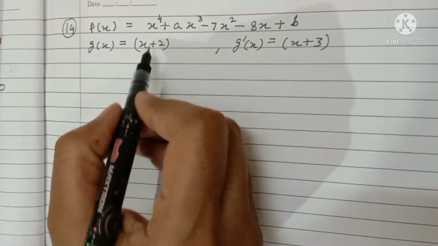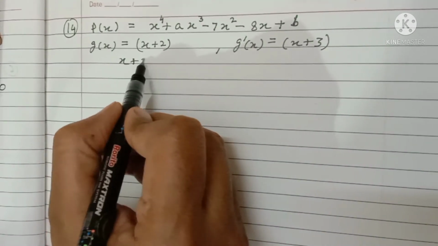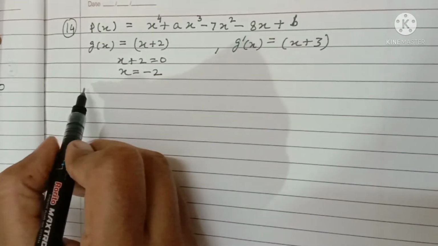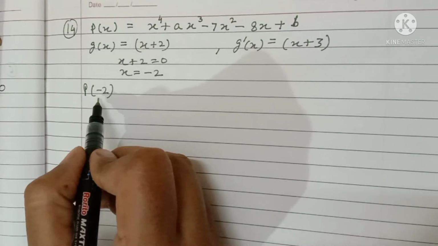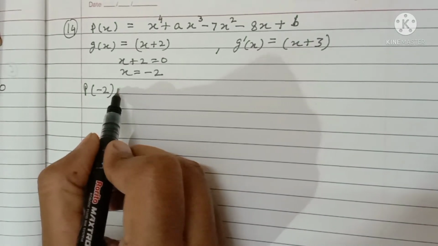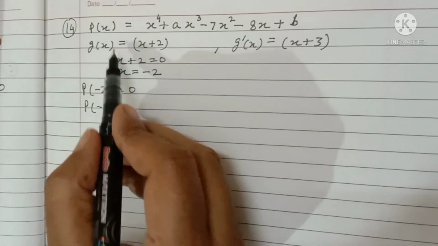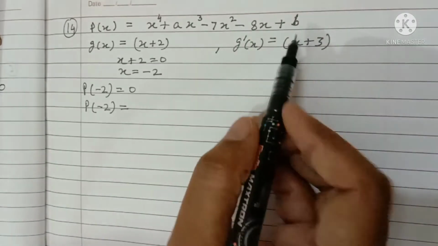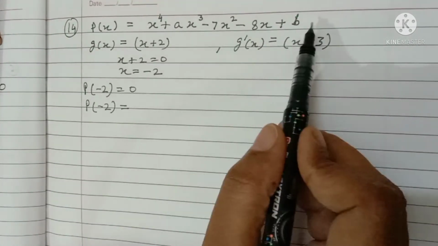calculate the value. When we substitute x plus 2 equal to 0, x is equal to minus 2. So first we have to calculate p(-2). Exactly divisible, so it should be equal to 0. Now we are solving here, and we will get two equations by substituting the values from these two polynomials.